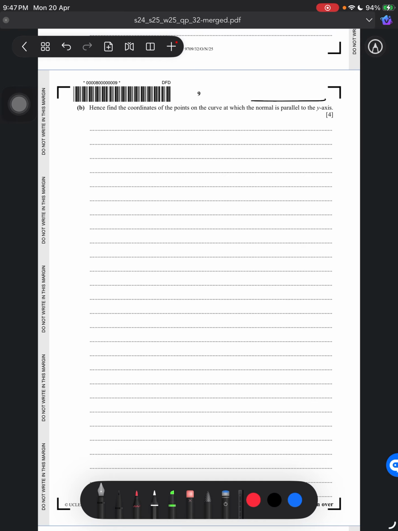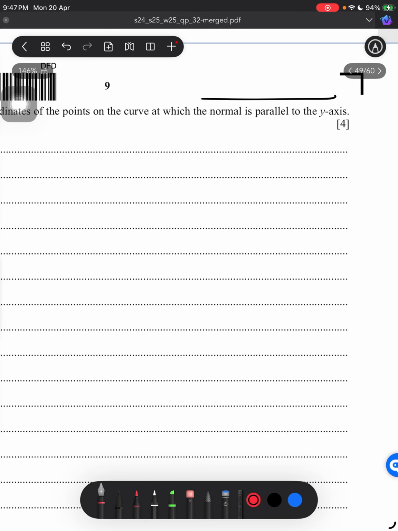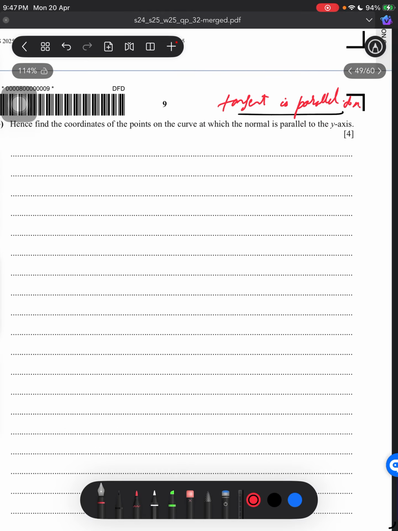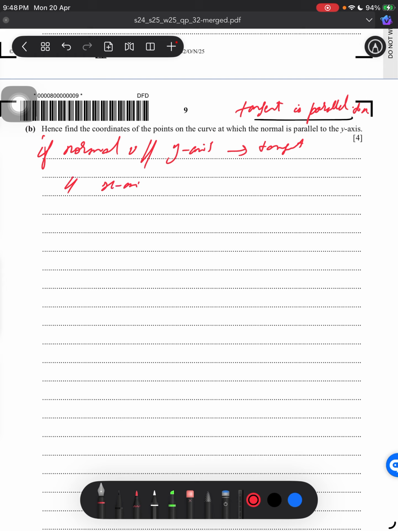So when the normal is parallel to the x-axis, this would be a tangent, and the dy by dx would turn out to be a stationary point, 0.